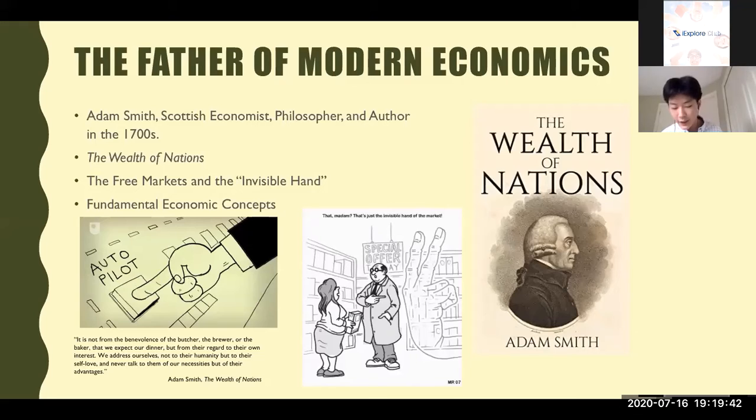And basically, how this works is that Adam Smith believed that through self-interest, every individual in the free market can contribute to the growth or total benefit of the entire market by implementing their self-interest into actions.